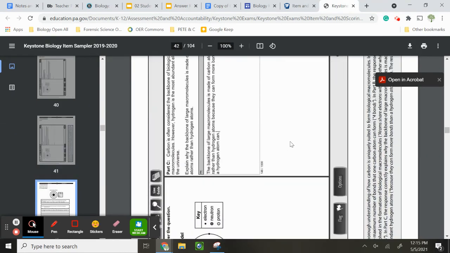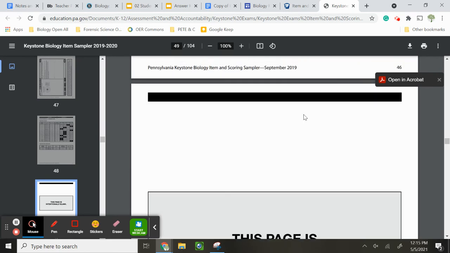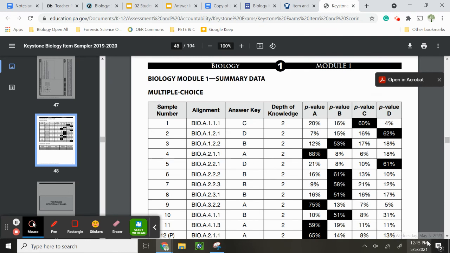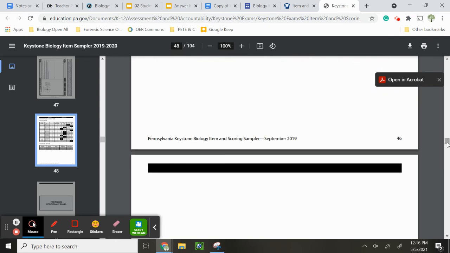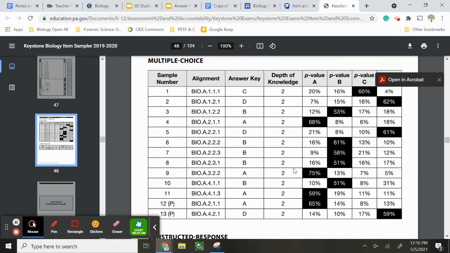Okay. You know how they're always like, pick C. Don't necessarily pick C. But what I've noticed is it does seem like C and D are usually the least popular. For these multiple choice questions, 4 were A, 5 were B, 1 was C, and then 3 were D.